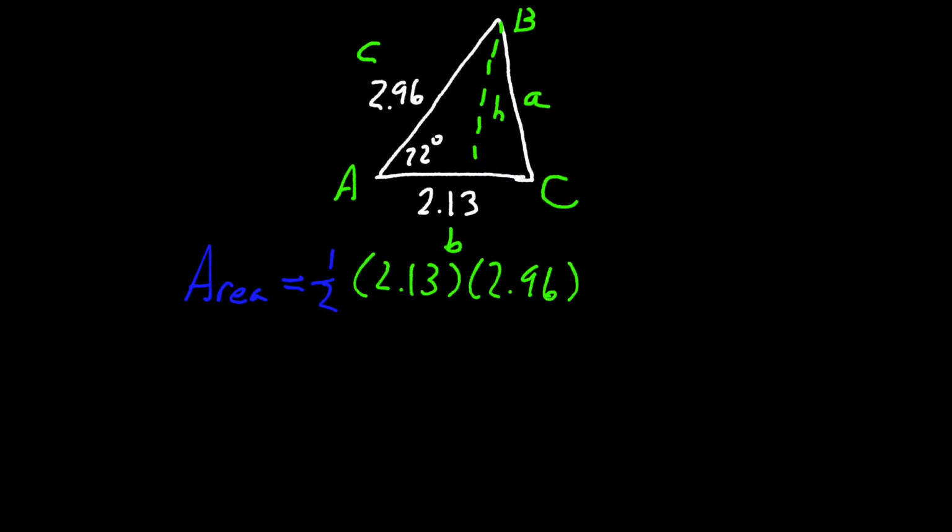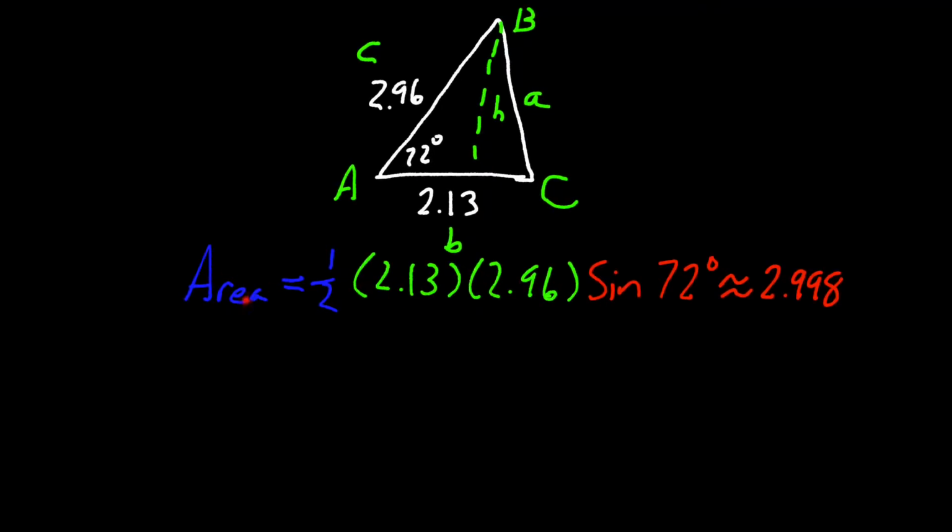So times the sine of 72 degrees. And if we type all of that in, we will get approximately 2.998. So there is the area of our triangle. It's approximately 3 square units.